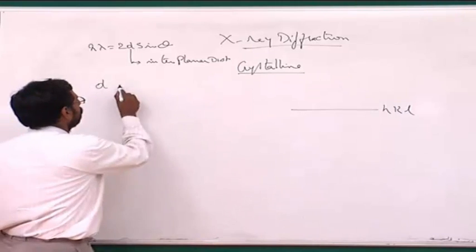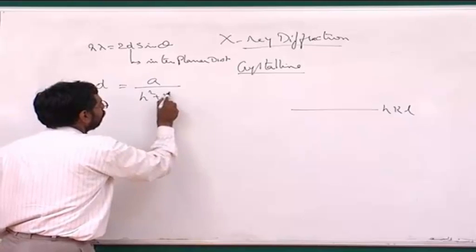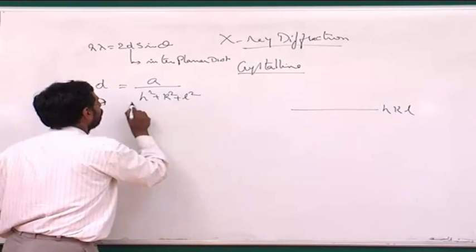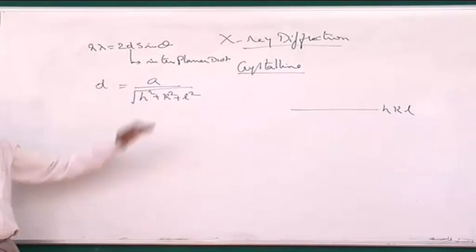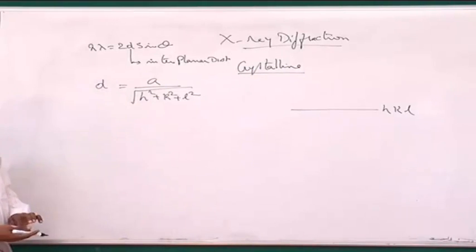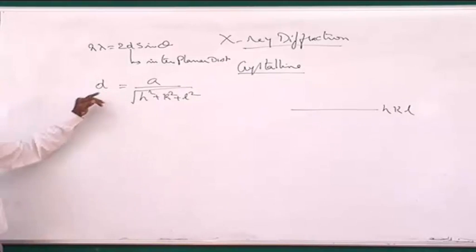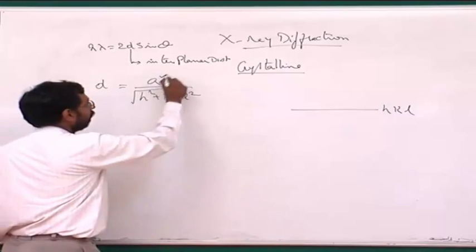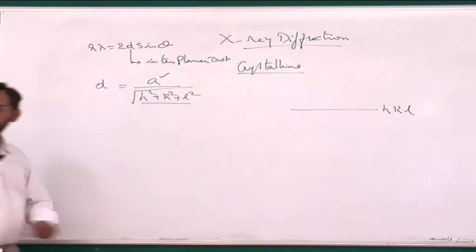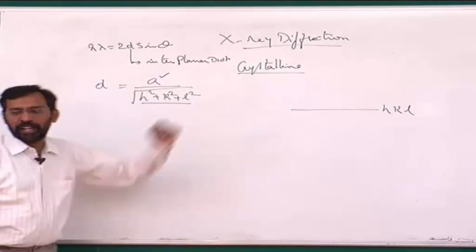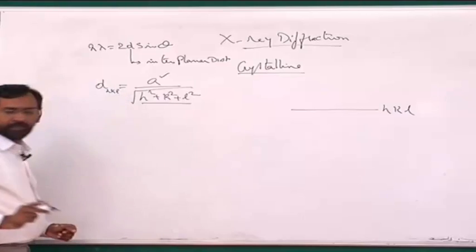For a cube, usually people have seen that this is given by this formula. For different crystal systems, it is different. Let's only use the cubic. It is very simple. So d is related to the lattice parameter, and it is also related to the hkl. So d for a given hkl is this.